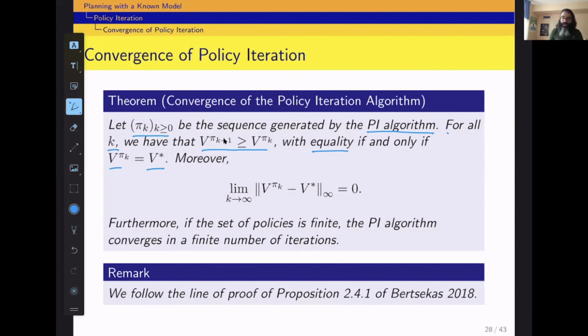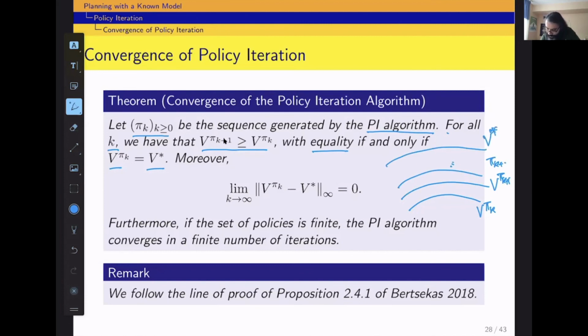So we can think of it like this: this is V pi k, and then V pi k plus 1, where higher means greater, then pi k plus 2, and so on, until we get to V star.